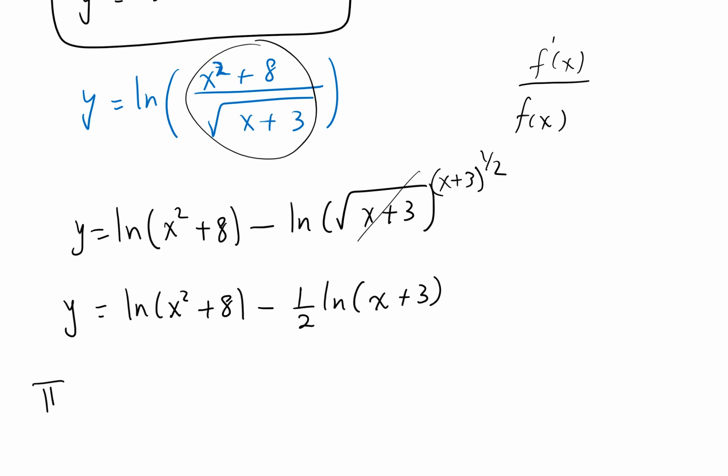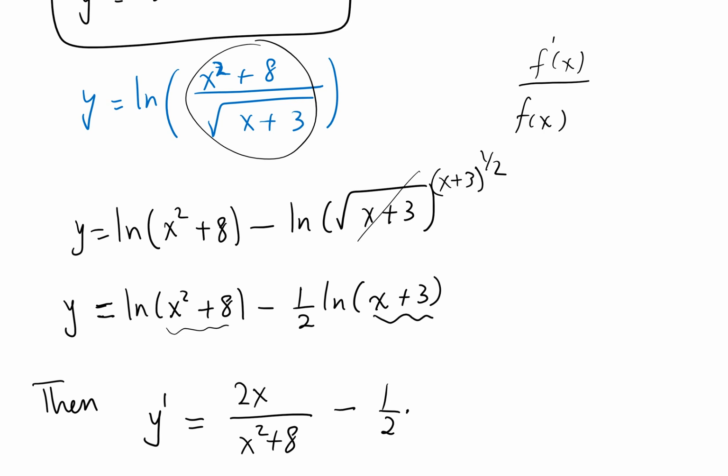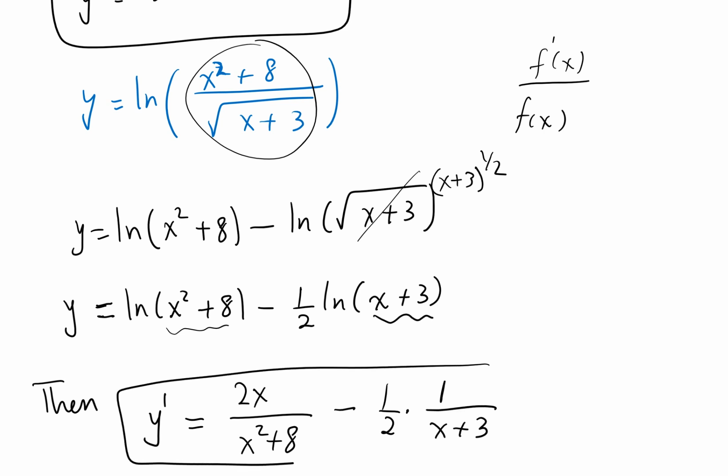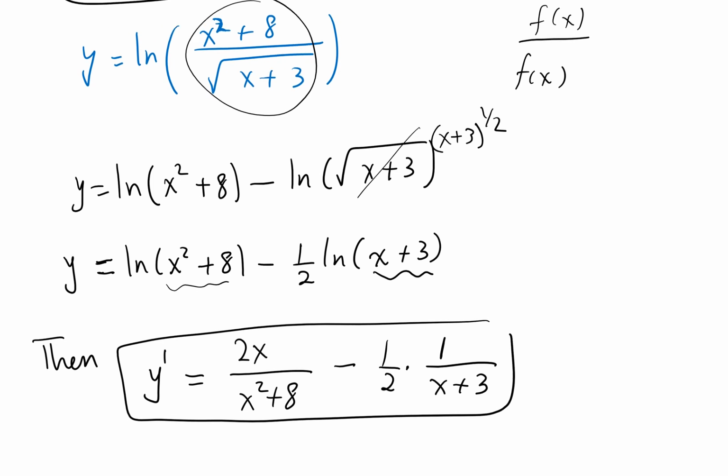Then, what is y prime? y prime is the derivative of this, which is 2x, over itself, minus 1/2 the derivative of this over itself. That's all we need to see. No product rule, no quotient rule, nothing. So the first two steps were algebra, and then we used the calculus in the last step.